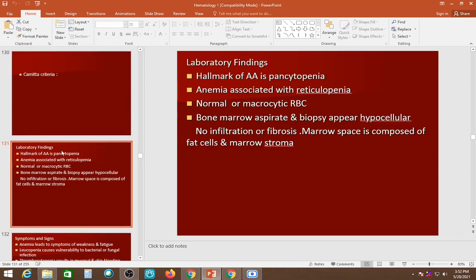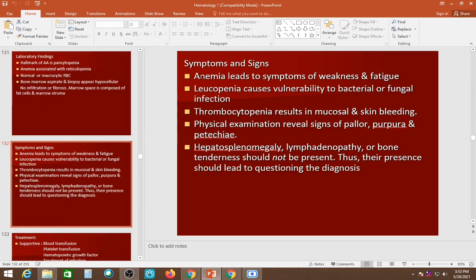So what are the laboratory findings? You'll find a pancytopenia picture and the reticulocyte count will be low. Then the bone marrow aspirate and biopsy shows a hypocellular marrow. There will be no infiltration or fibrosis, and the symptoms and signs present with the features of pancytopenia. There are the symptoms of anemia, then leukopenia causes vulnerability to any infection, be it bacterial or fungal.